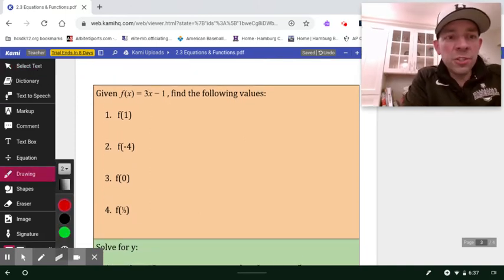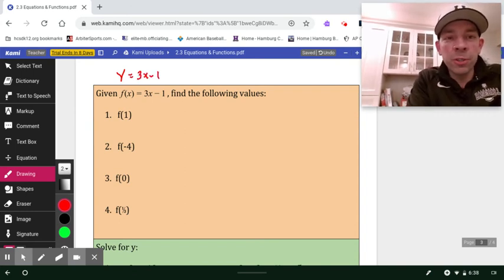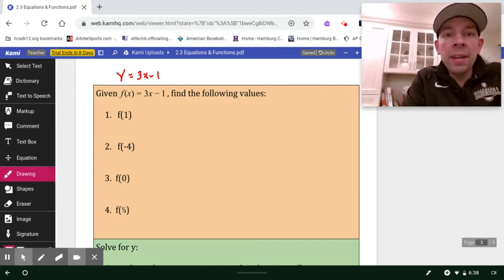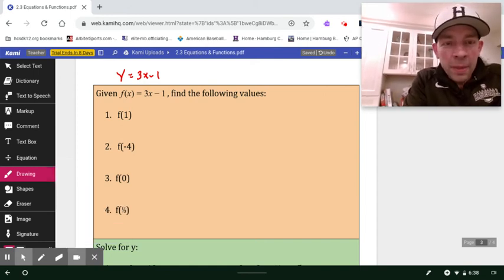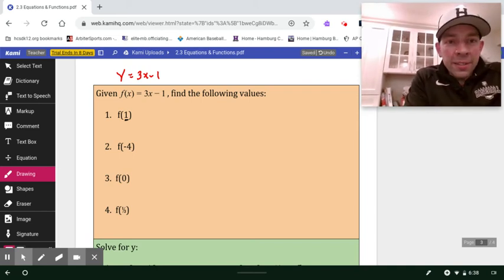So initially we had this equation y equals 3x minus 1, and then we rewrote it in function notation. So now it's f of x equals 3x minus 1. And we want to practice evaluating these. When they say f of 1, and you almost have to practice saying that out loud, f of 1, what they're saying is we want to substitute that 1 for x.